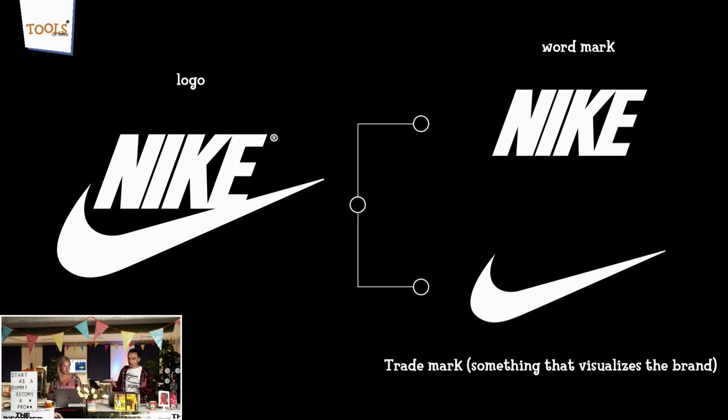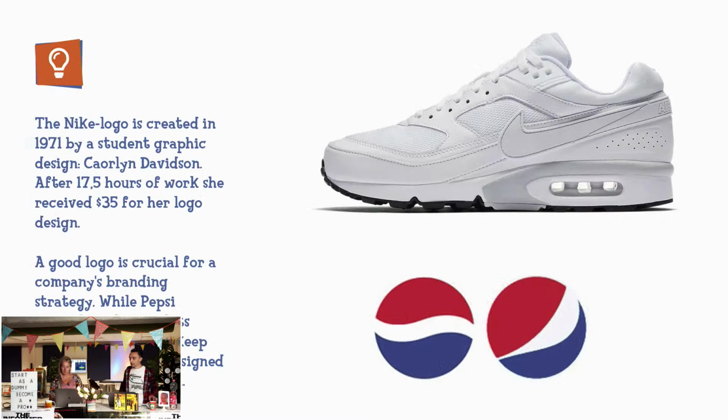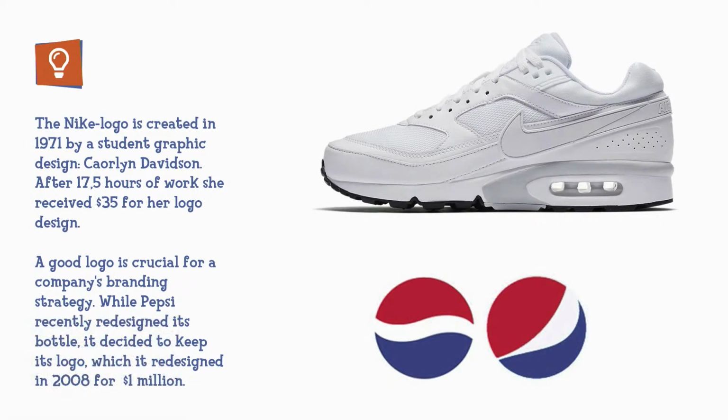So they have this combination of the word mark and the icon, and together they make the logo. And the handy thing of the Nike logo is that they can use it in more than one way. What we see here is an Air Max model. I had a different version of the sheet in which you saw two other models of the shoe.